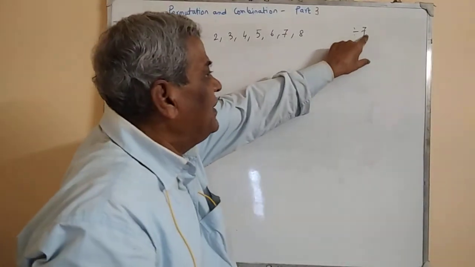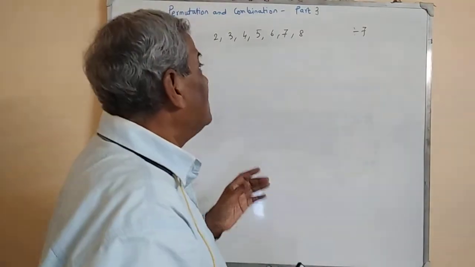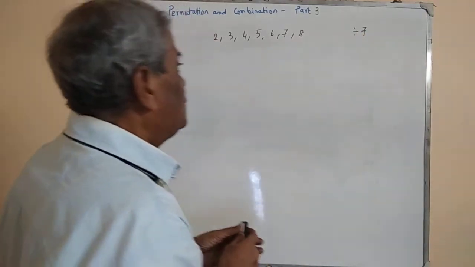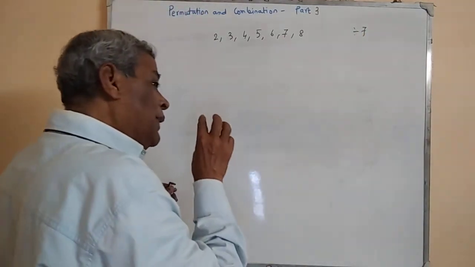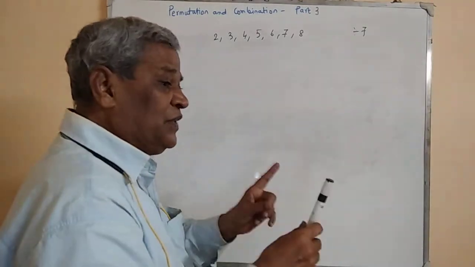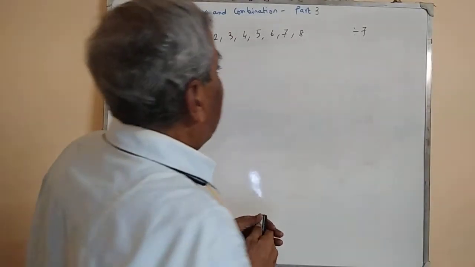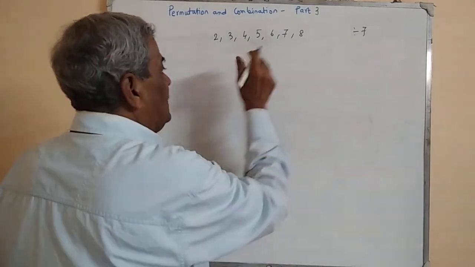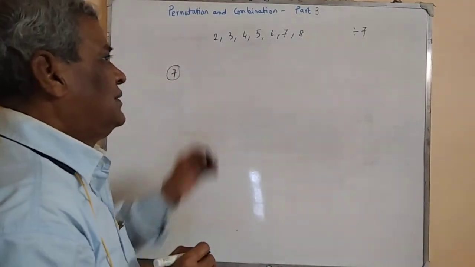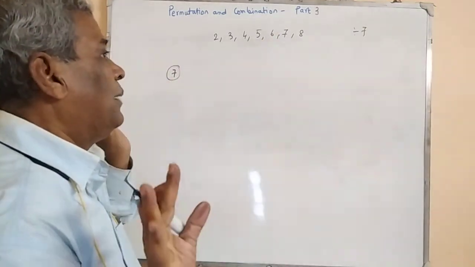And because 7 is a prime number, one of the digits used in the number must be 7, otherwise their product is not divisible by 7. That's why we take 7 as one of the digits.